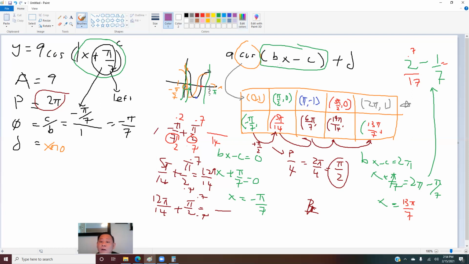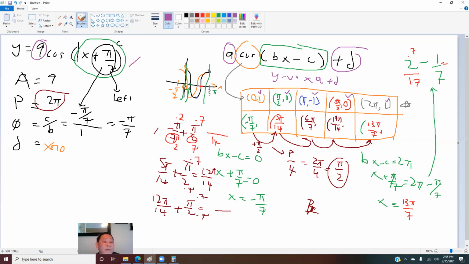And next, you have to figure out all the y values, because the y values are all blank here. The y values are affected by A and D. So you take all the y values that you have, all these y values you see here. You have to multiply them by A and add D to it. My A is 9, right? Yes.